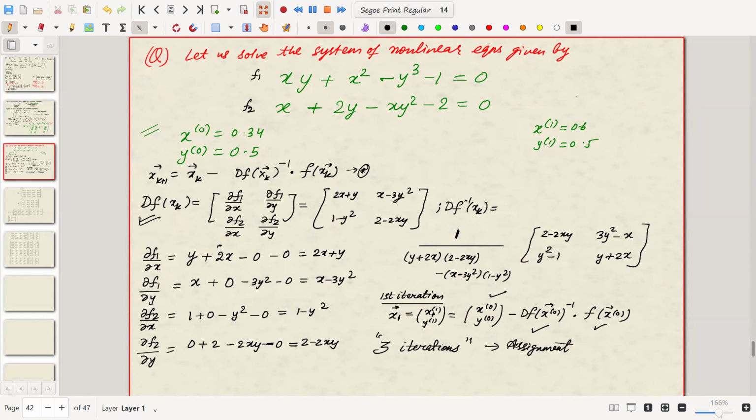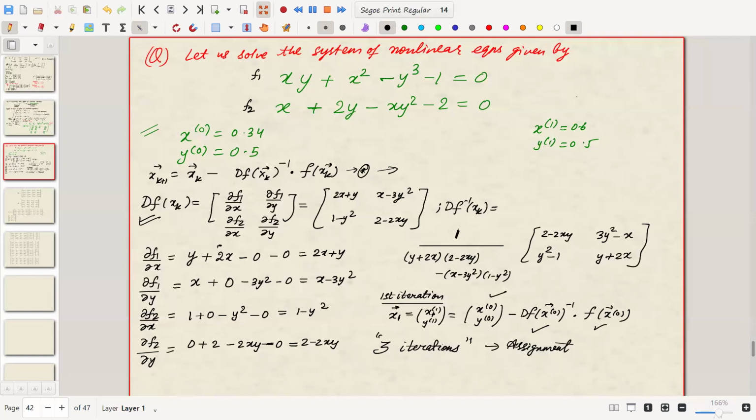And this is the inverse, which is a bit complicated form of this matrix, but this will be given to you if it is complicated. Then nothing else. You have to just write x superscript 1, y superscript 1. That denotes the first iteration value, and that follows this iteration scheme over here.